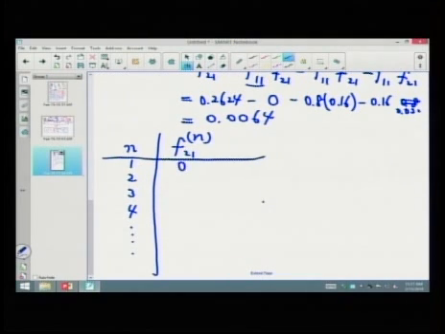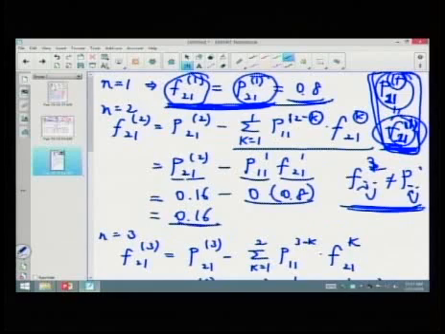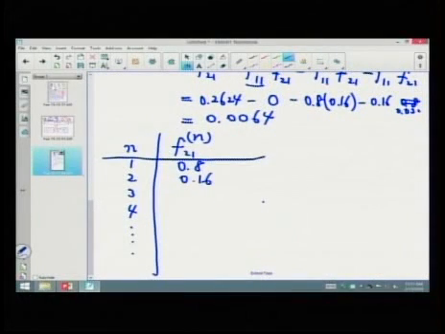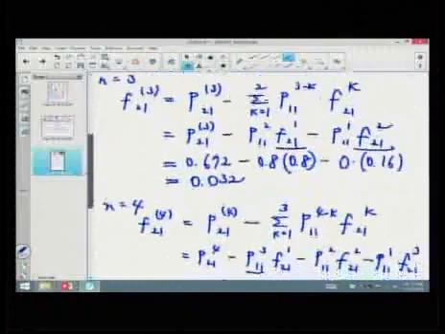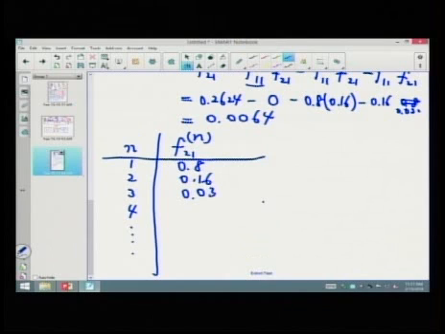This was 0.8 from the top. The next value is 0.16, and then the next value is 0.032. And then we just got 0.00064. So you just need to keep going like this.